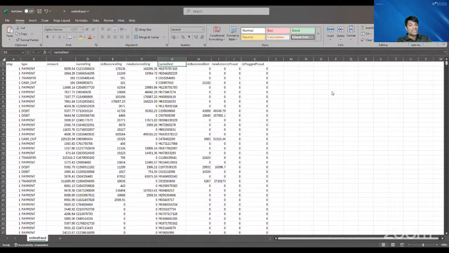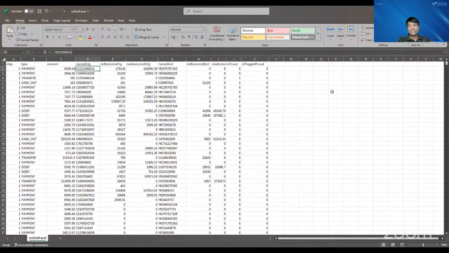Next is the name destination, which is the recipient of the transaction, the person who is taking this money. For example, this is the origin person, and this dest is the destination. Again, this is also coded due to privacy concerns; it is a person's ID or name.